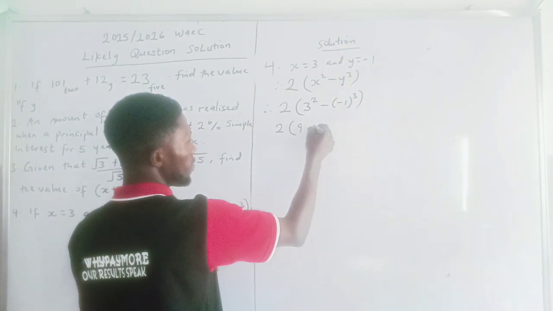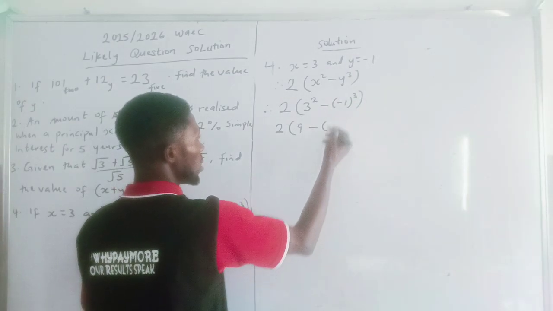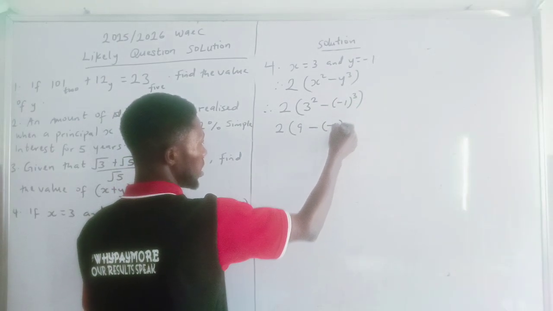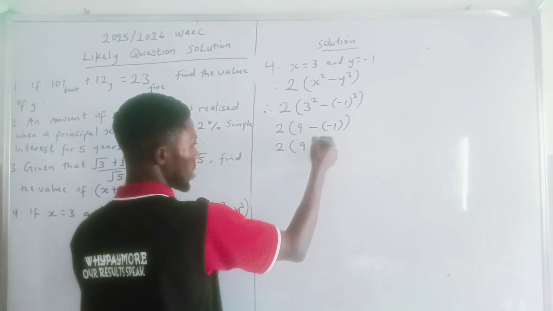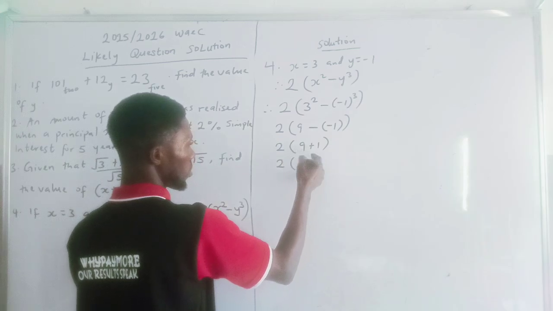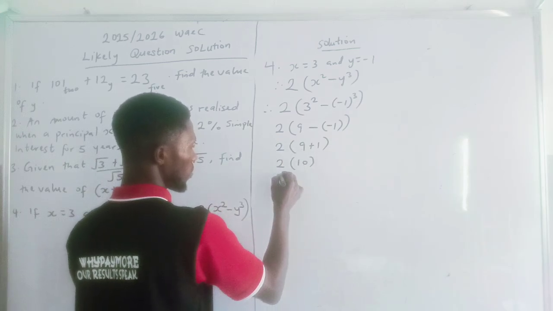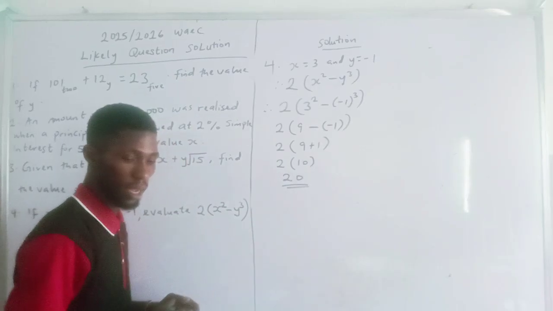Minus into bracket -1 times -1 times -1, which is -1. Then don't forget, 2 into bracket 9, minus times minus is plus 1. So we have 2 into bracket 9 plus 1, which is 10. So we have 2 times 10, which is 20. So this is our final answer.